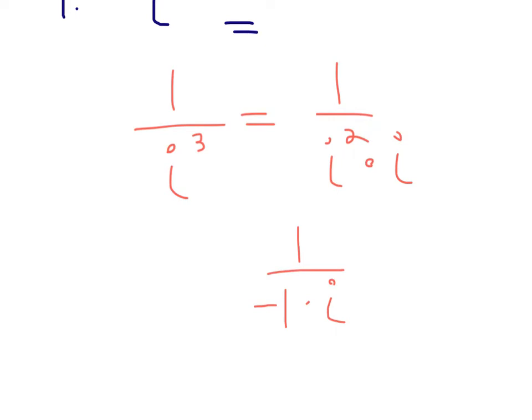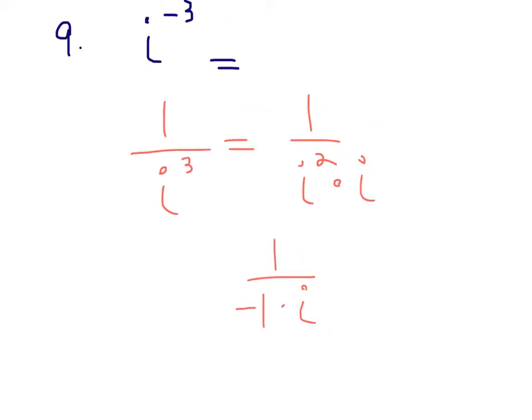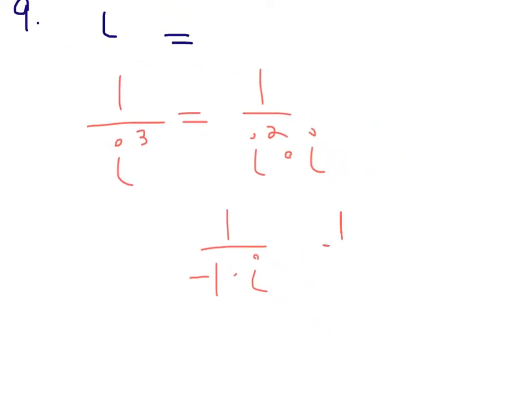Everybody with me? All right, so if I go ahead and multiply this, I get -i. I can't leave that i in the denominator, so I need to rationalize. You could also move the negative sign up to the top, but I'll just work with it as is.